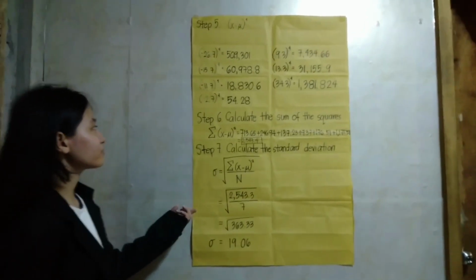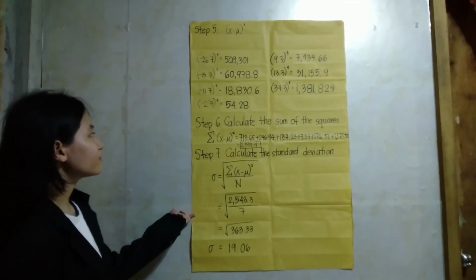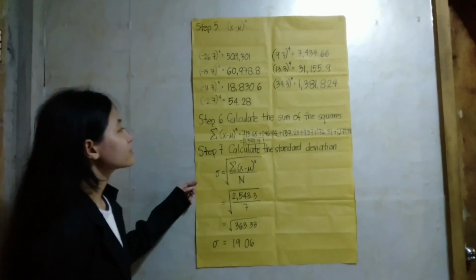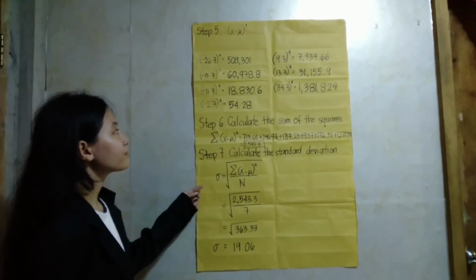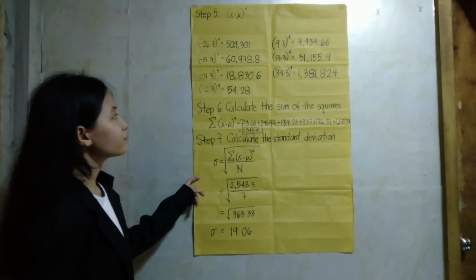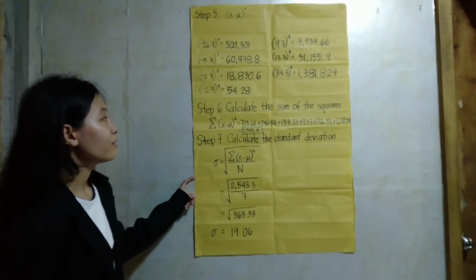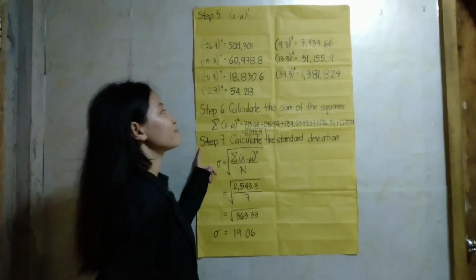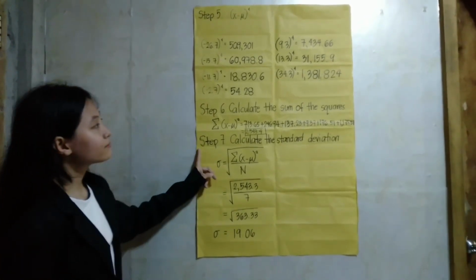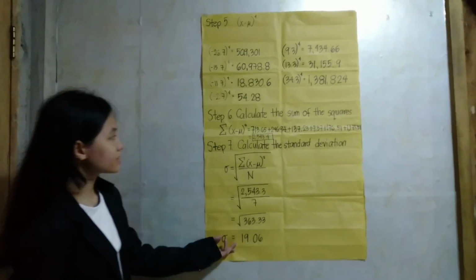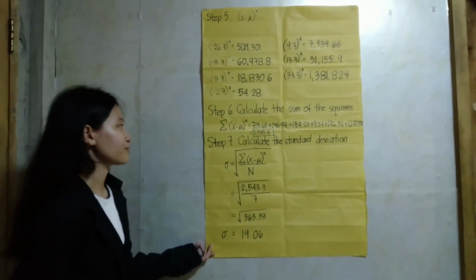Negative 2.7 to the power of 4 equals 54.28. 9.3 to the power of 4 equals 7,434.66. 13.3 to the power of 4 equals 31,155.9. And 34.3 to the power of 4 equals 1,381,824.